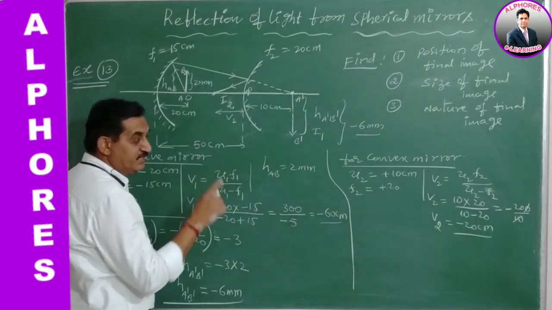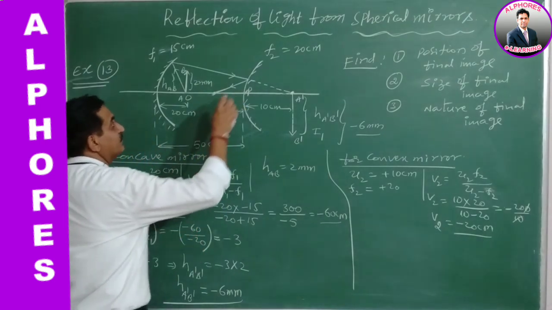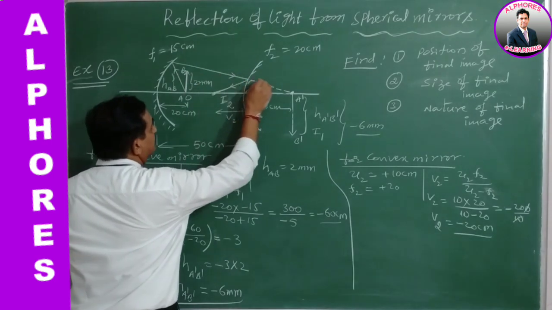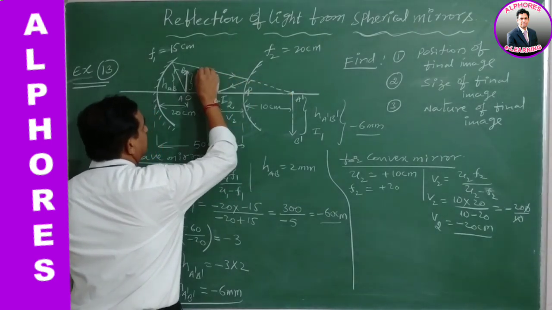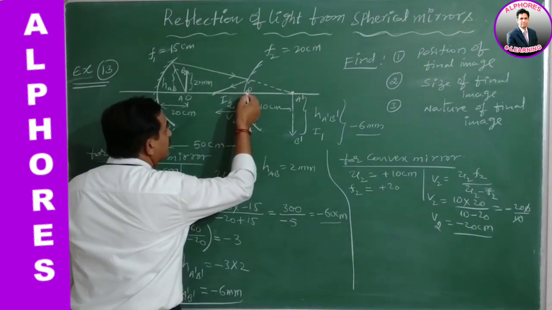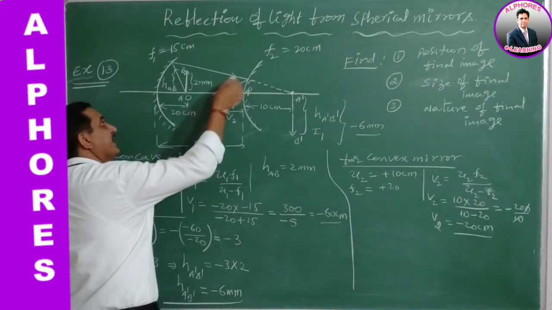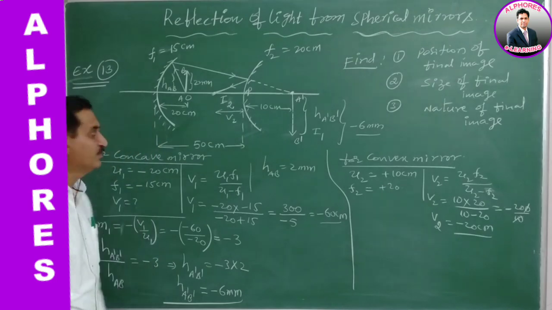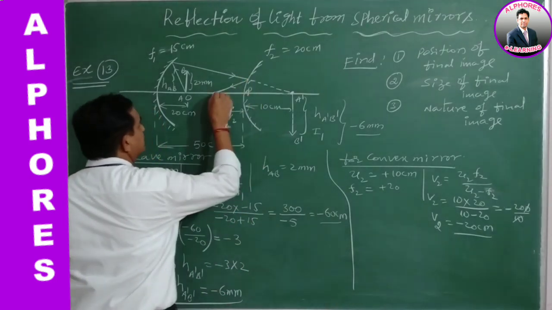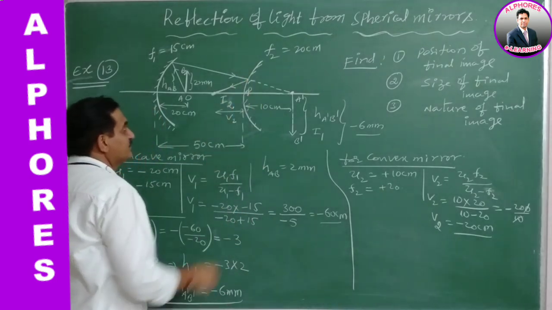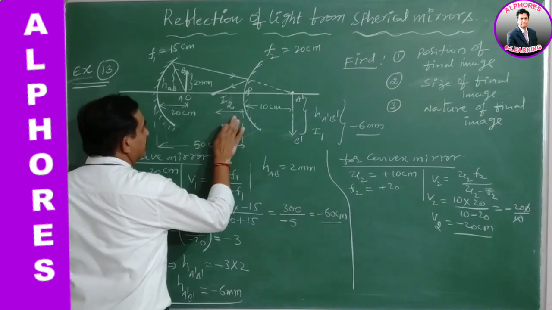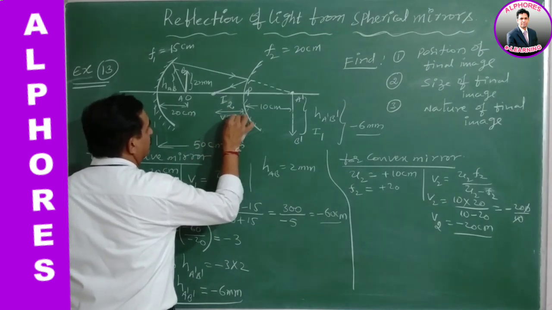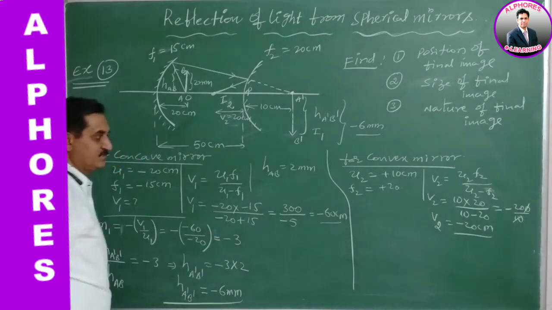Minus sense, negative sign here. Light is coming from left to right, and the pole to image distance is measured against it, therefore definitely we should get a negative sign. Therefore its corresponding image is formed over here. So this is the position of the image, that is V2 is equal to 20 centimeters.